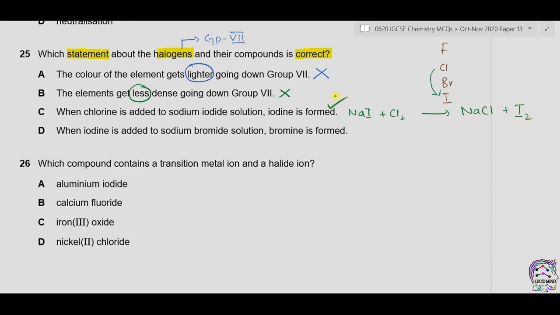So C could be correct. D. When iodine is added to sodium bromide solution, bromine is formed. Now iodine cannot displace bromine because it is less reactive than bromine as it is below in the group. So D is wrong. The correct answer is therefore C.